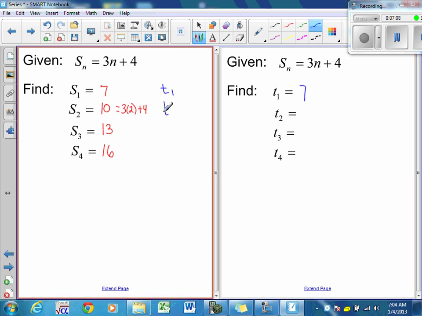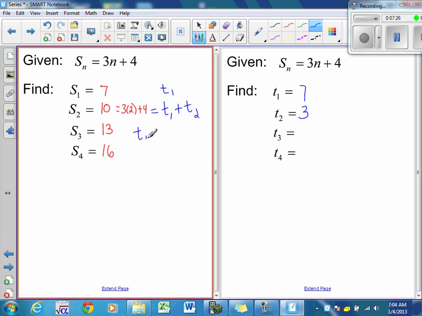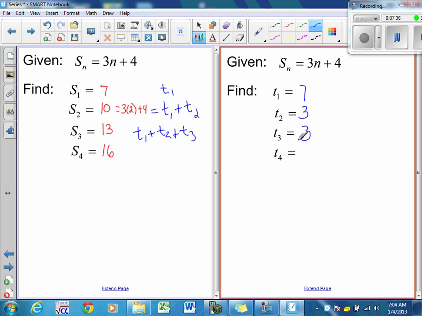This one, S sub 2, is the sum of the first plus the second. If the first was 7, and the sum of the first and the second is 10, then my second needs to be 3. This is the sum of the first, the second, and the third. So 7 plus 3 is 10, to get 13, my next term is 3.